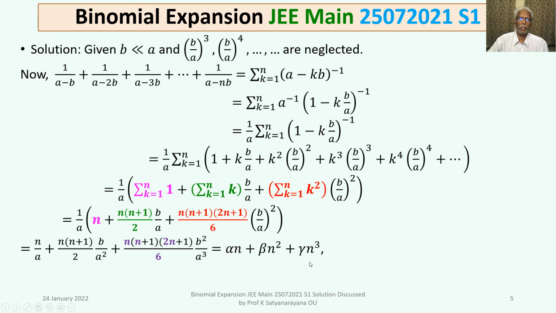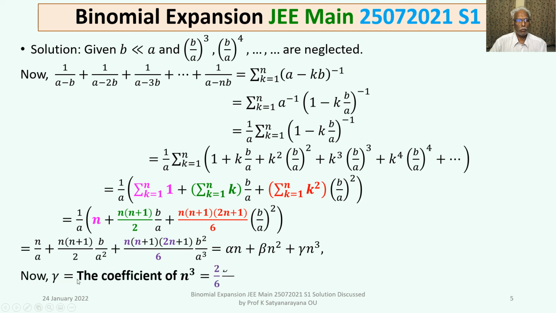The question is, what is the value of gamma? That is, we equate the coefficient of n cube from this identity. On the left hand side, we have n square into 2n, that is 2n cube by 6, as the numerical term into b square by a cube.